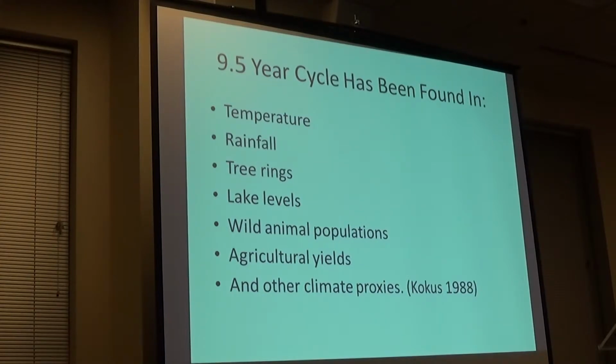You tend to get two peaks. One that's near the sunspot cycle and one near the 9.5-year period. You could find this in climate data, rainfall data, tree rings, and the wild animal population. Lynx populations have a very strong 9.5-year period.